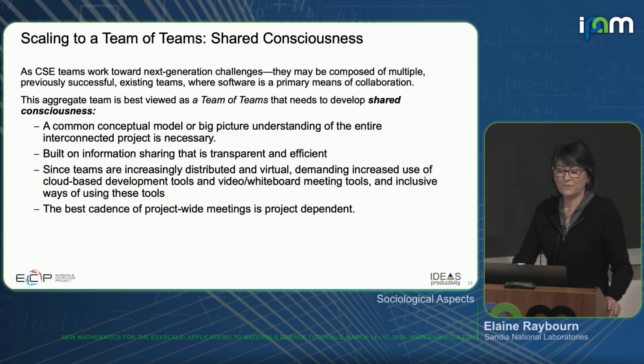Okay. So the first idea of scaling is this notion of shared consciousness. And that is pretty much having a shared mental model among all of the team members. So here, team members have to understand what the goals are. They have to be able to articulate them.